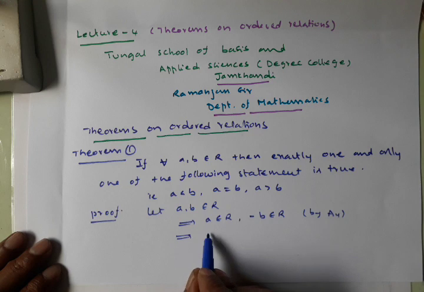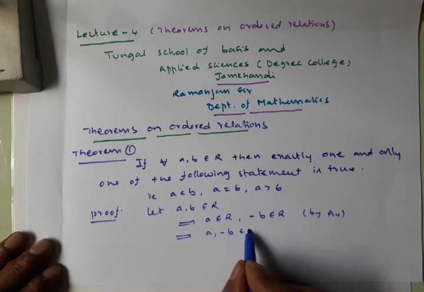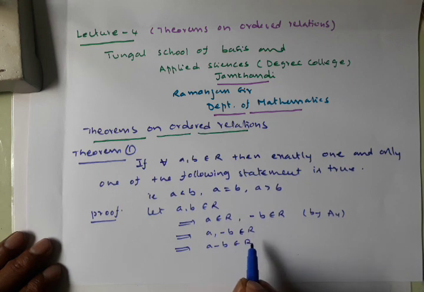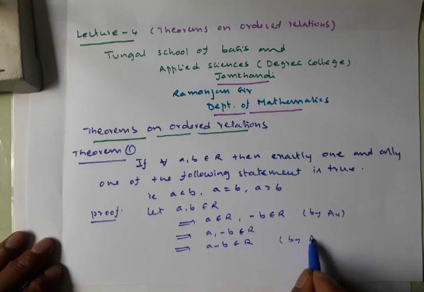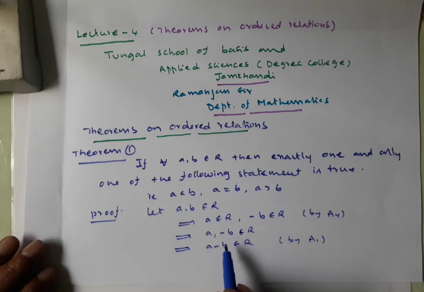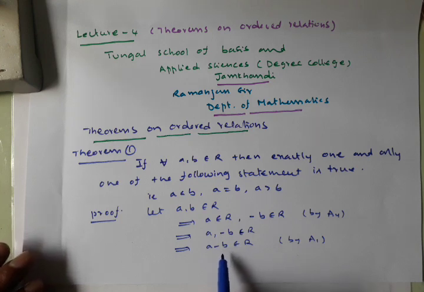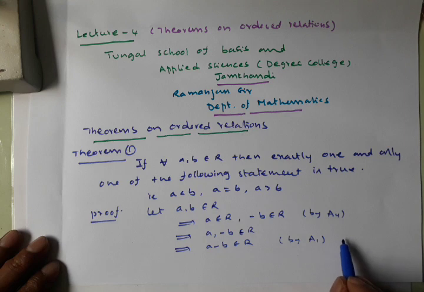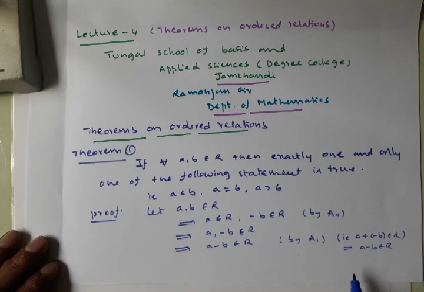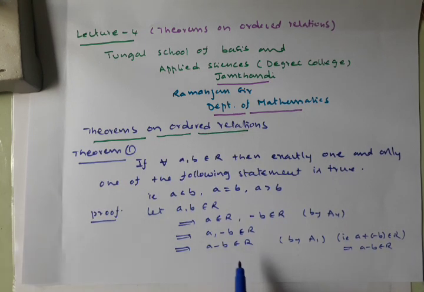This implies A plus minus B belongs to R, by A1: if you take any two elements in R, their addition is also in R. A plus of minus B is A minus B, which belongs to R.